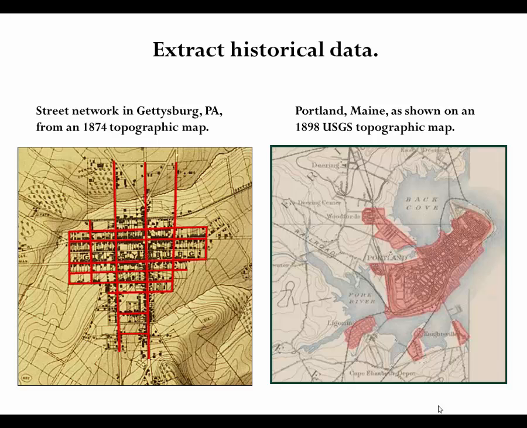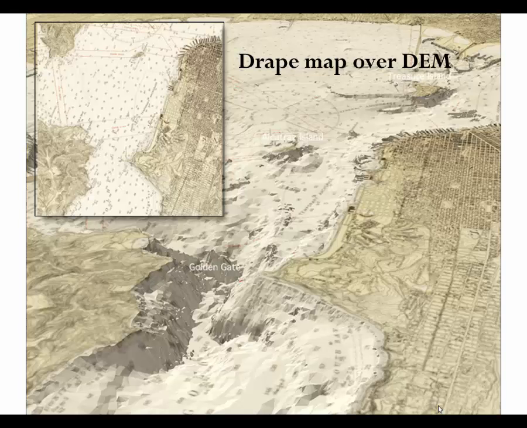On the right, Portland, Maine, as shown on an 1898 U.S. Geological Survey topographic map. Here, the urbanized area has been digitized as polygons or areas that can be extracted and combined with other data in GIS.